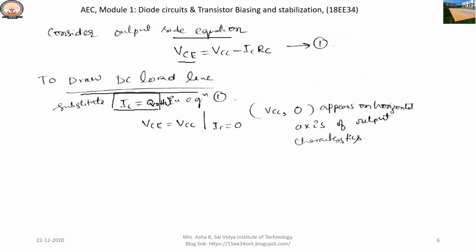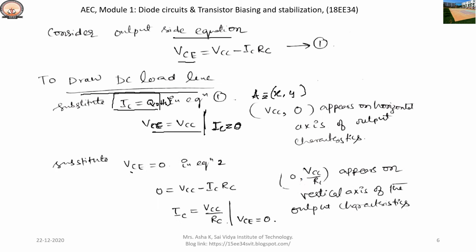Then we get VCE, the output voltage, equal to VCC for IC equal to 0. We call it point A: VCC comma 0. This is the x-axis value and the y-axis value. This value appears on the horizontal axis of the output characteristics curve.